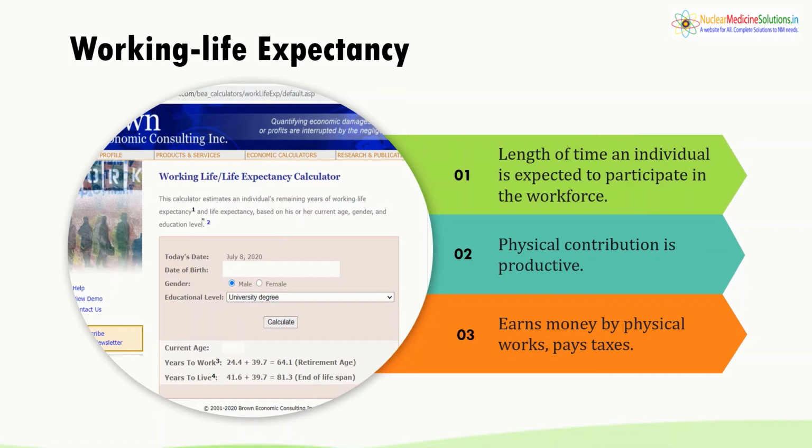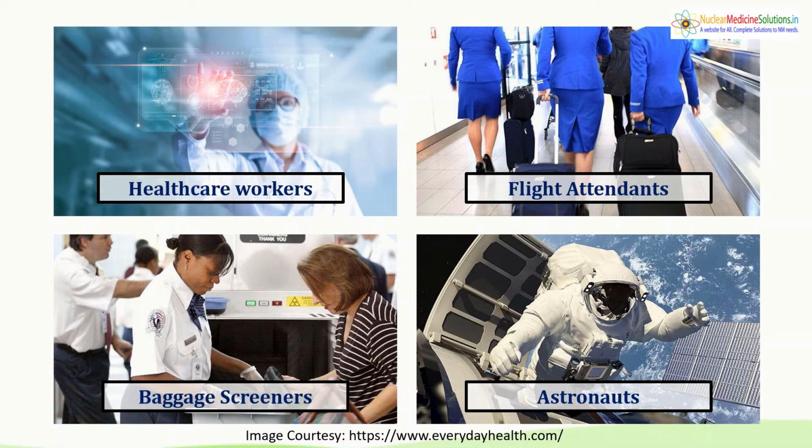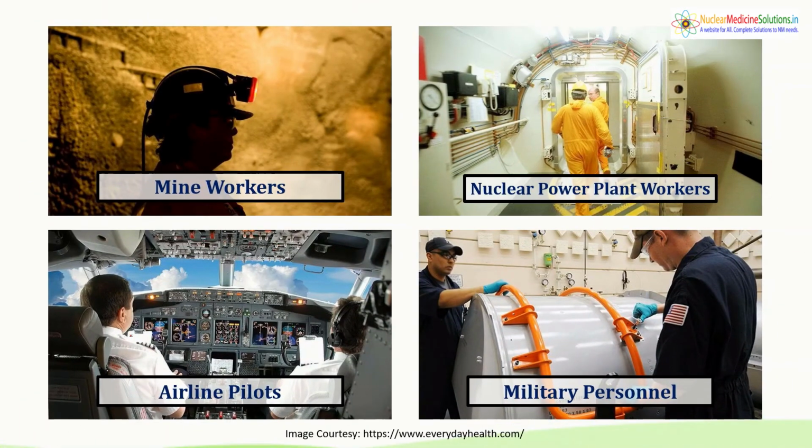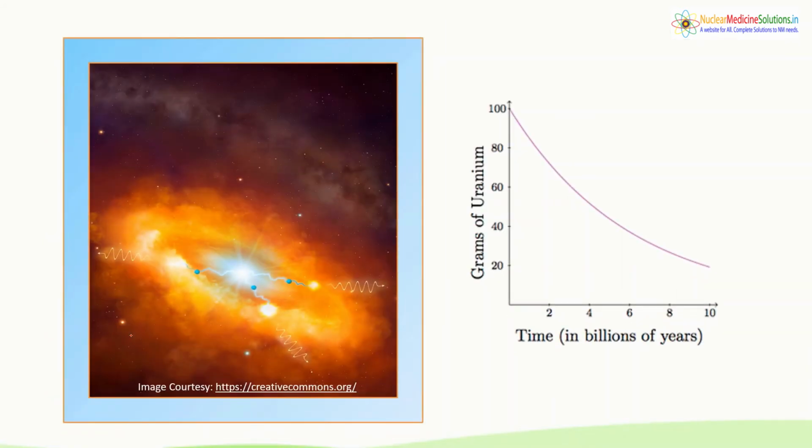There is a website which calculates working life expectancy as well as life expectancy depending upon current age, gender and education level. The ICRP system is concerned with all workers exposed to radiation, like healthcare workers, flight attendants, baggage screeners, astronauts, mine workers, nuclear power plant workers, airline pilots, and military personnel involved in nuclear weapons or nuclear submarines, who are exposed to radiation which has a half-life of billions of years.